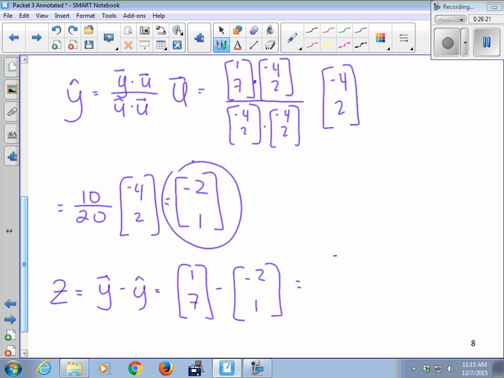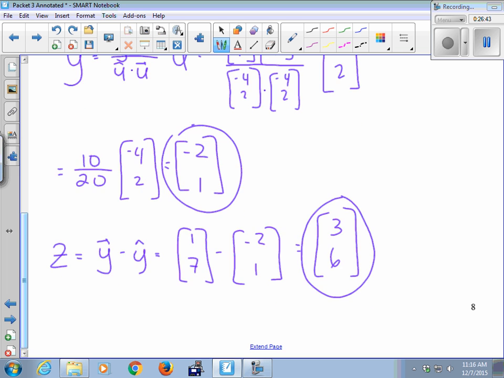So I get 3, 6. So those are pretty close to my estimates. My estimate was negative 3, 2, and 3, 5, or 5, 5. So my picture was apparently terrible, but at least they're in the right directions: negative, positive, positive, positive.